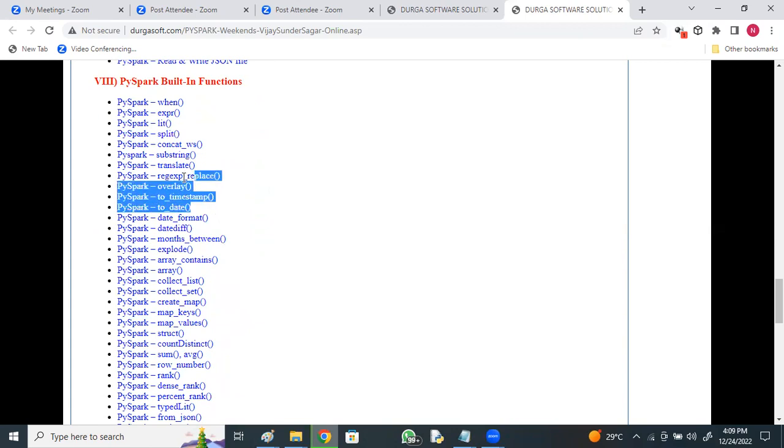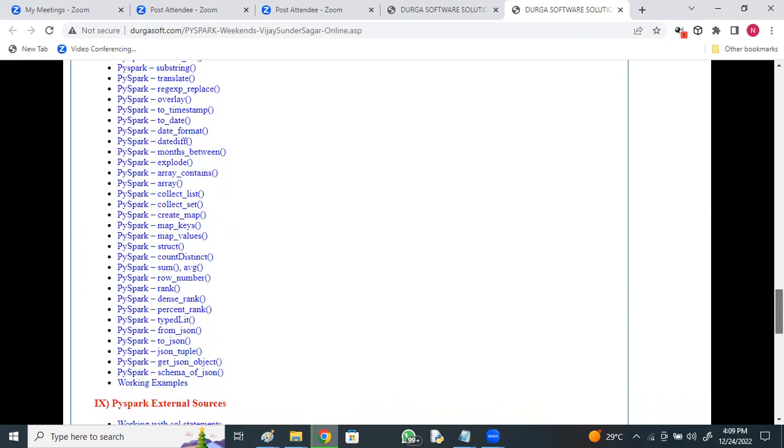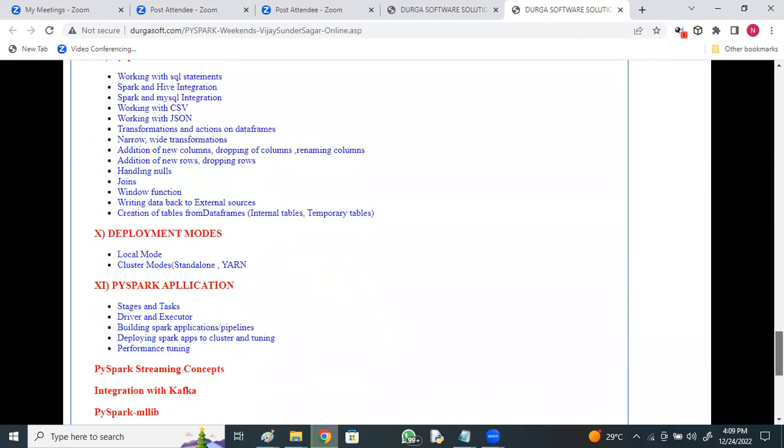Very little coding, and regular expressions, to_timestamp, to_date format, datediff, months, explode, array, collect_list, create_map, map_keys, map_values, struct. So a lot of functions, all of which I'll be discussing in brief, right? And PySpark external sources.